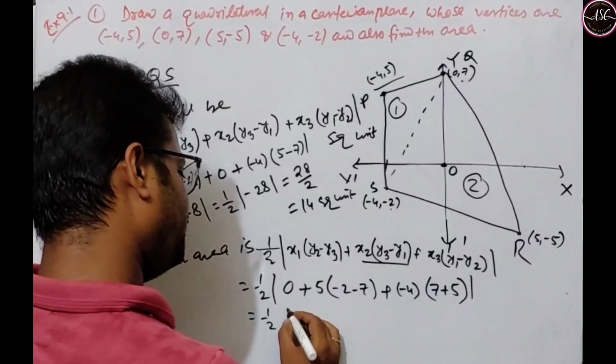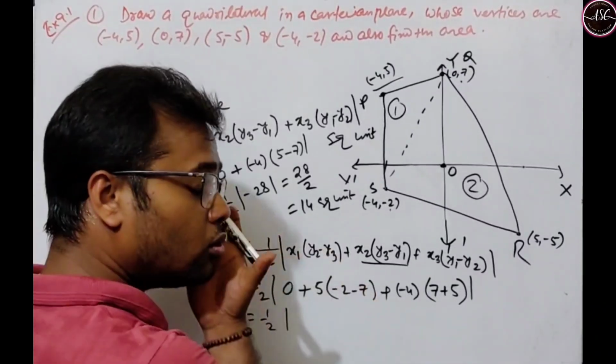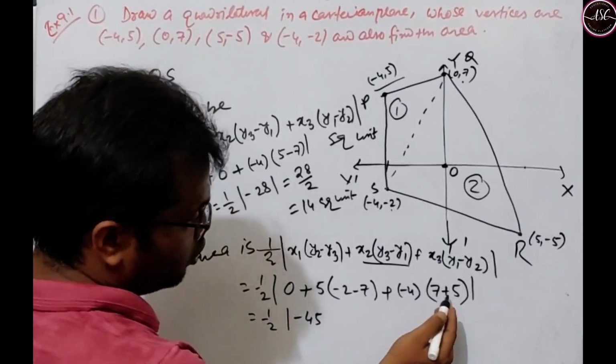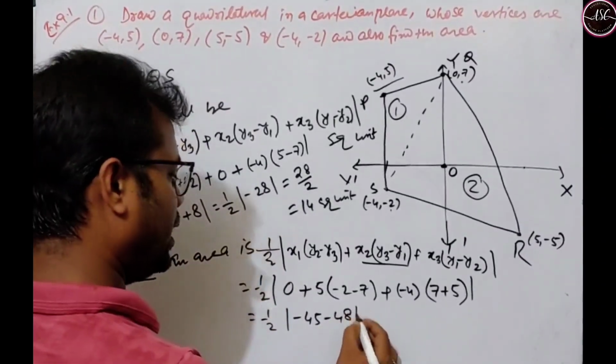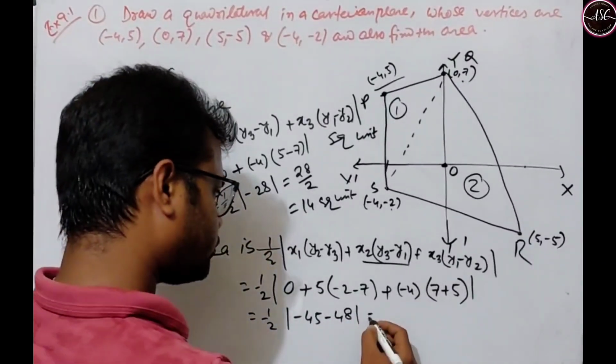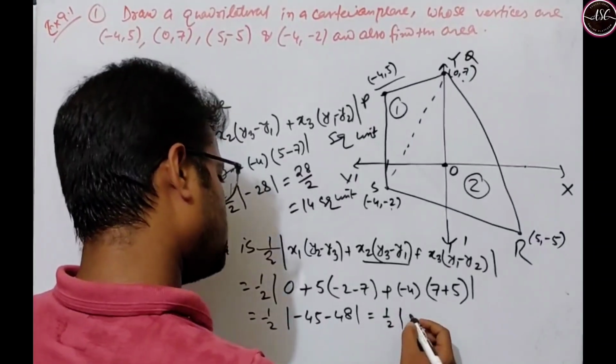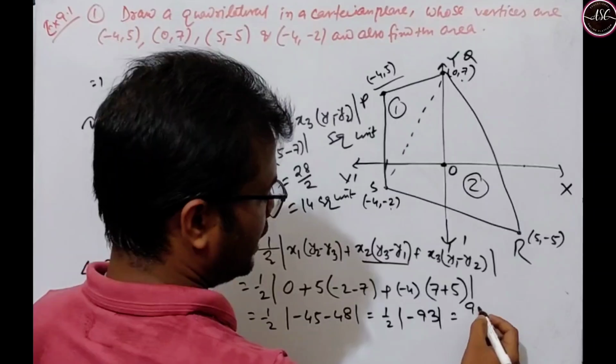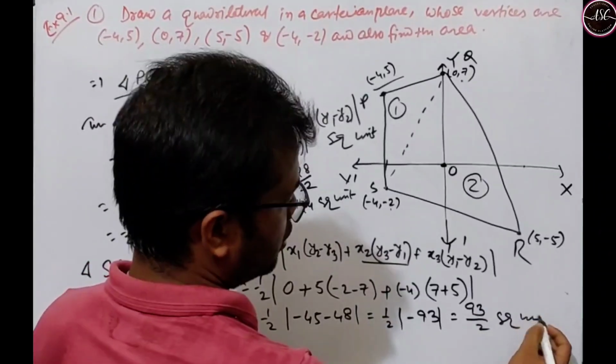So the value of this will be half of 7 minus 2 minus 7 minus 2 equal to minus 9 minus 45. Okay, and this will be minus 48. Okay, so the value will be minus of, so this will be 93 by 2 square unit.